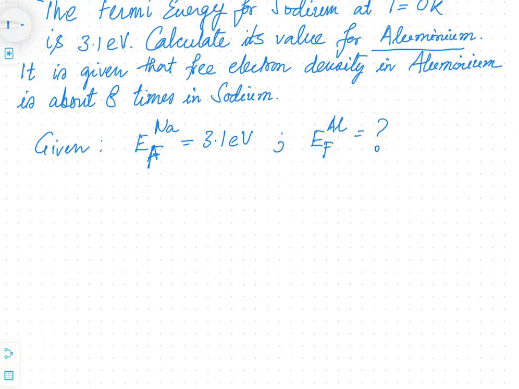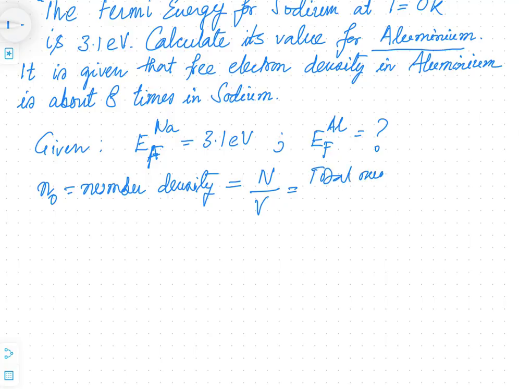So the theory that is required, if I write down the number density as N0, which is number density. So N0 is number density, which we can define as number by volume. So this is total number of electrons divided by the volume.